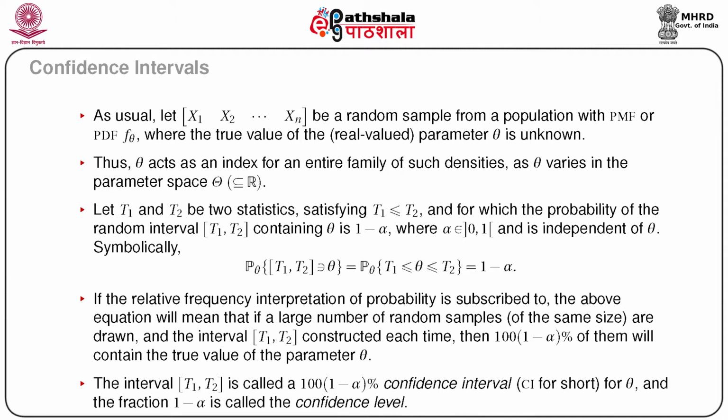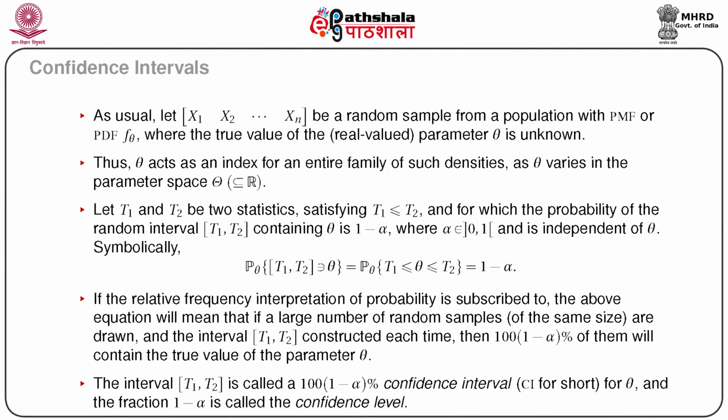Let T1 and T2 be two statistics satisfying T1 ≤ T2, for which P_theta(T1 ≤ theta ≤ T2) = 1 − alpha, where alpha belongs to the open interval (0, 1), does not depend on theta for all theta. Thus, the interval (T1, T2) will include the parameter theta with probability 1 − alpha.